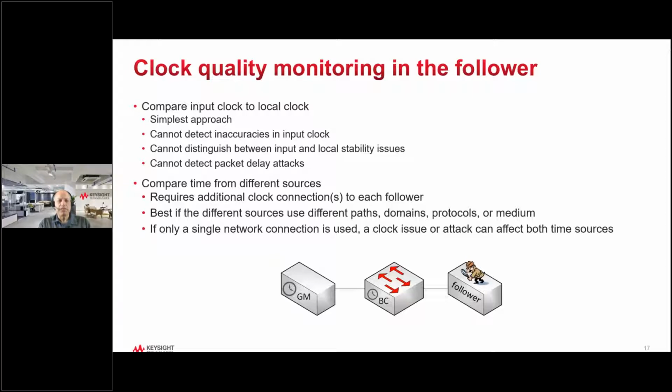This is best if the different clocks use different network paths, different domains, or different protocols or medium, and it's relatively straightforward to do in a data center where in a clock switch architecture, different sessions tend to use different paths. If only a single network connection is used, then a clock issue or attack that affects, for example, a single path or a single switch could affect both the time sources.